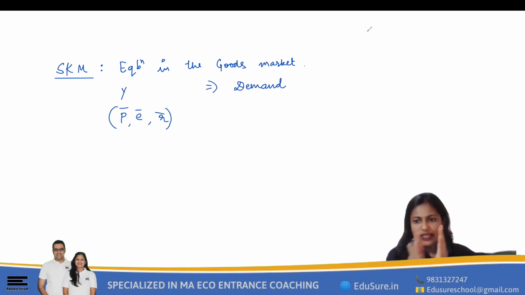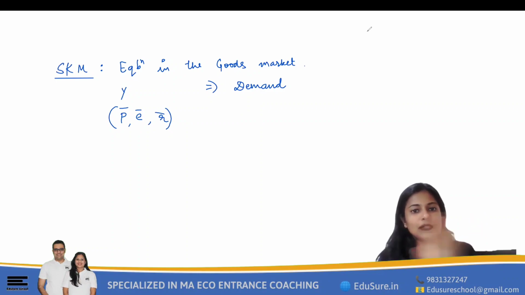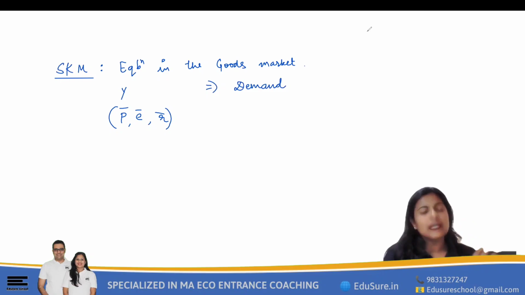So we've done a very small part of the whole model. We've looked at only the demand side, not the supply side, and we've only seen how demand affects equilibrium output.